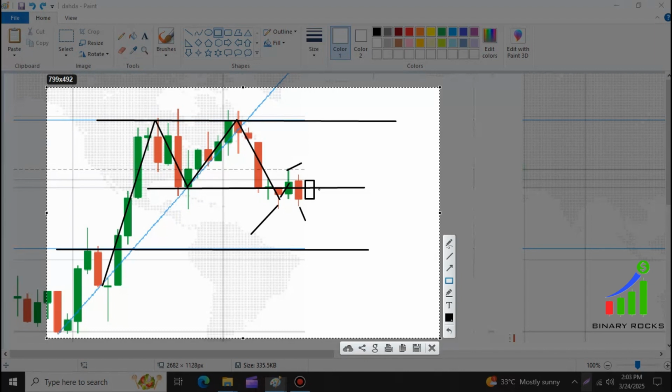Okay, second thing, here if you notice, we can easily go with sellers too. Why? Because previously we have an M pattern, so the market can easily go down. So these kind of things can happen easily. One, maybe a red green pattern could happen.